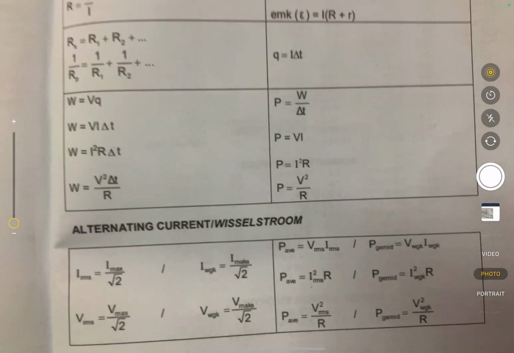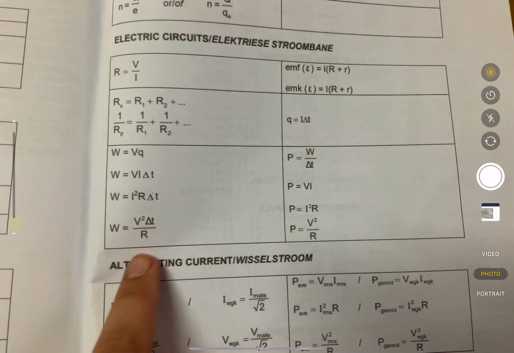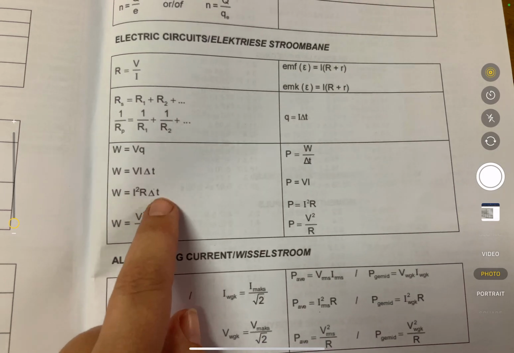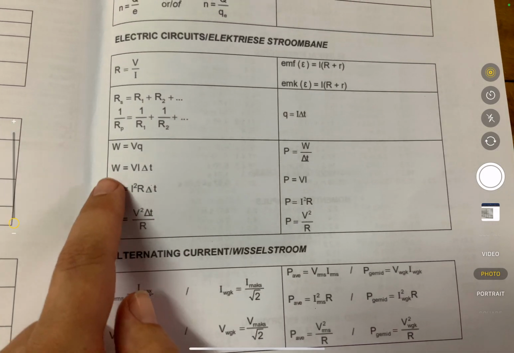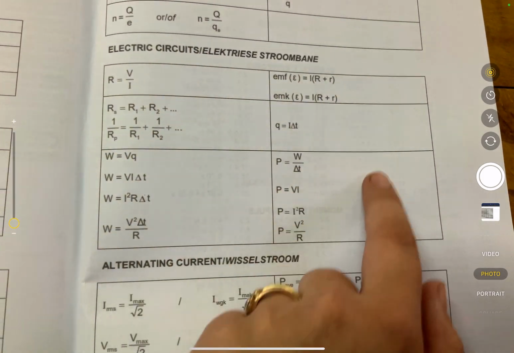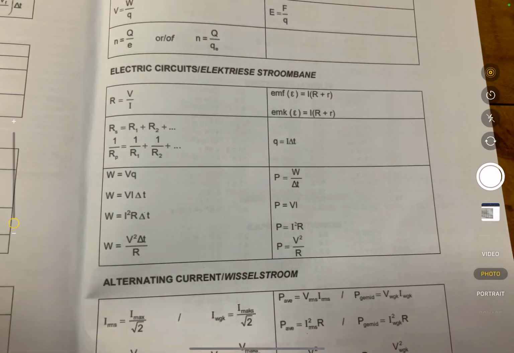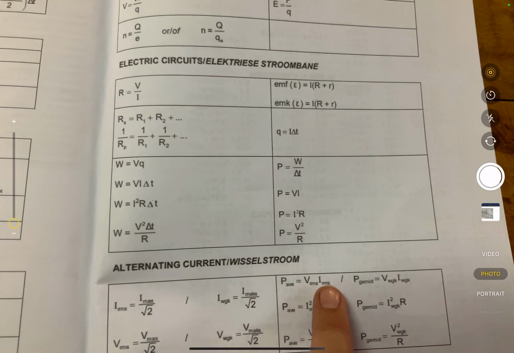Now, sometimes you will need to use these formulas, soos wat ons nou gaan gebruik. Okay? Want hulle praat van tyd, they speak about time, and they want the energy. Okay? If you want to use these formulas, which you can, you're allowed to, want dit is stroom wat gemaak word, then it must be RMS.